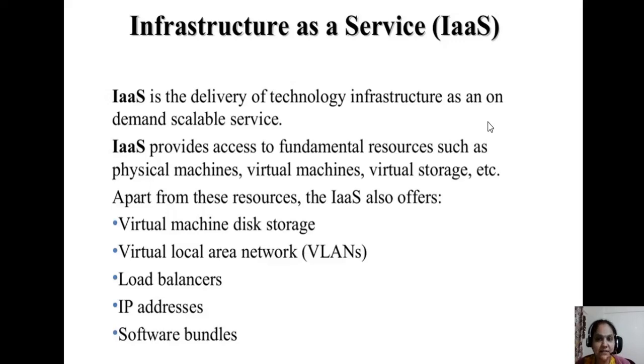Then load balancers are also there. The load balancer is a concept which is also implemented inside your operating system. Then virtual IP addresses would be there. Software bundles would be there. So you can consider that whatever you get in physical terms, the same thing you will be getting in virtual terms also. That is the most important stuff.